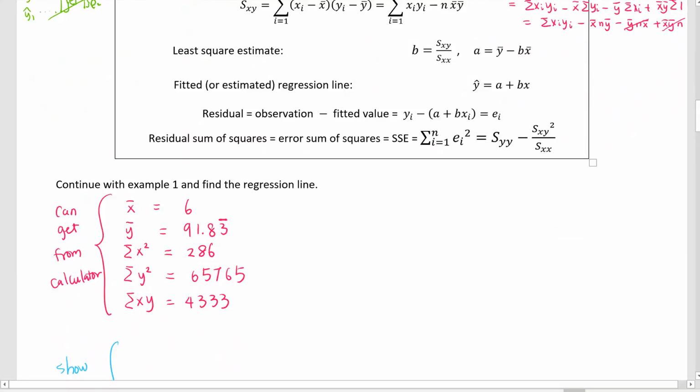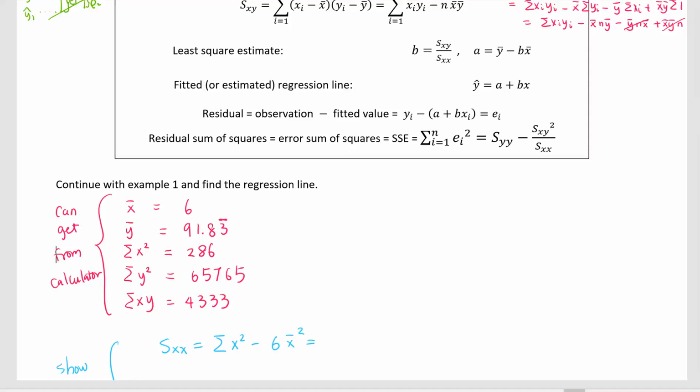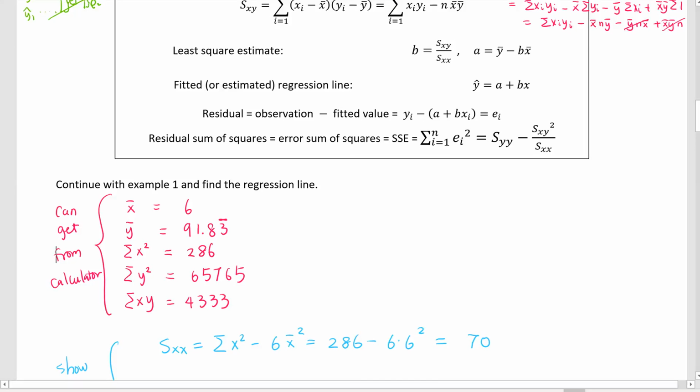So Sxx is sum of x squared minus n, which is 6, times x bar squared. Sum of x squared is 286, x bar is 6. Plug this into your calculator, please do that, and I get 70.